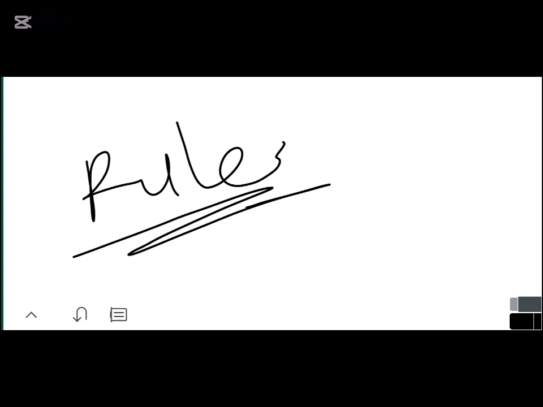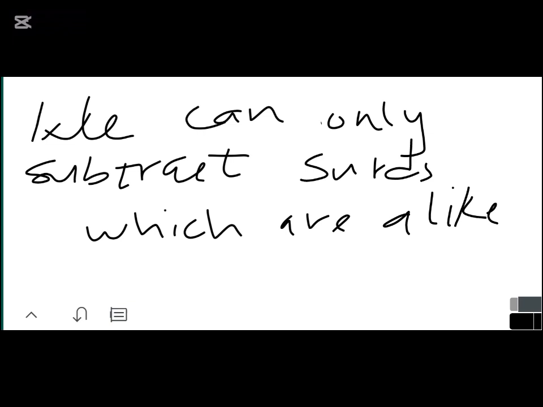The rule: we can only subtract sets which are alike or which are in the same form, just as we learnt in my previous video about the addition of sets. In subtraction too, we only subtract sets which are of the same form. This is the general form: m square root of a minus n square root of a.